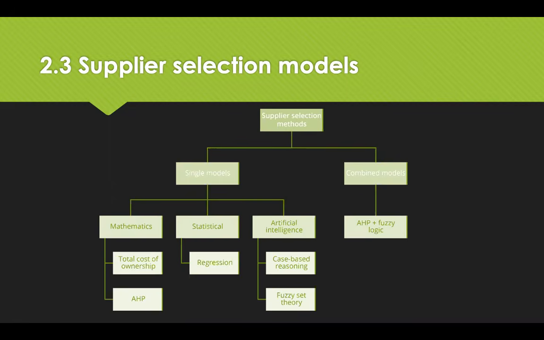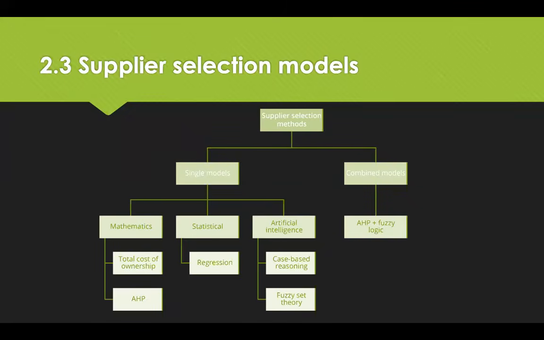Whereas AHP, which you can see down on the bottom under the mathematics, which comes up again in the combined model, stands for analytical hierarchical process, and it's one of the MCDM methods, widely used by researchers and practitioners for complex decisions and to manage the difficulty of determining the performance of suppliers on one criteria alone, or the importance of one with a higher degree of precision.